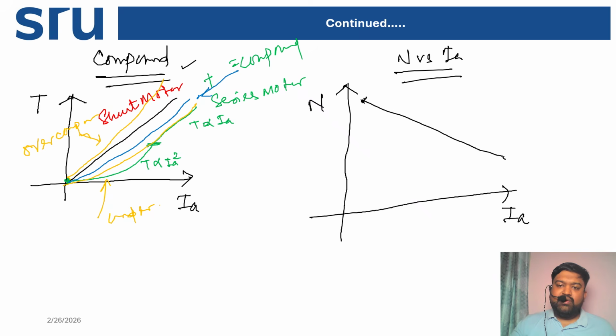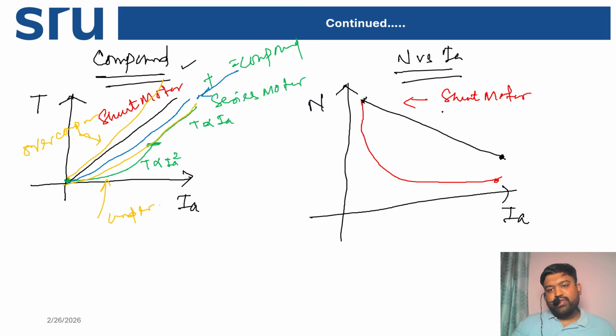If I increase the current, speed also decreases in the case of shunt. Okay. Now come to the series motor, what will happen? It will sharply decrease like this. This is for series.